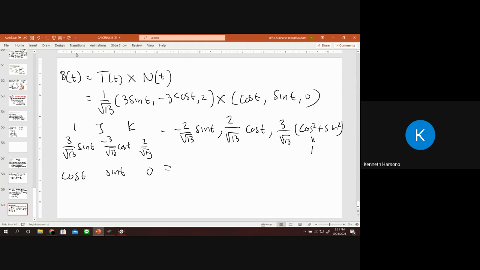So the B is minus 2 over square root of 13 sin t, 2 over square root of 13 cos t, and 3 over square root of 13.